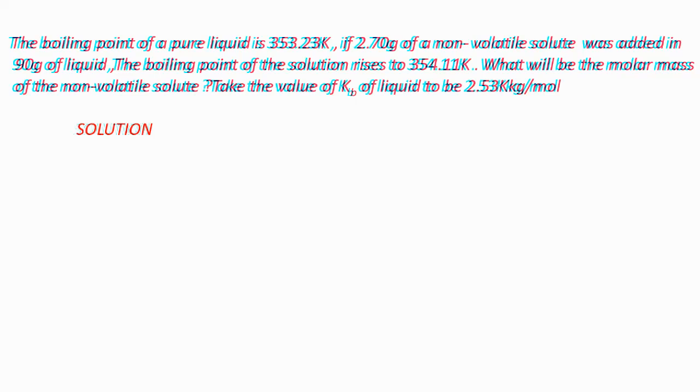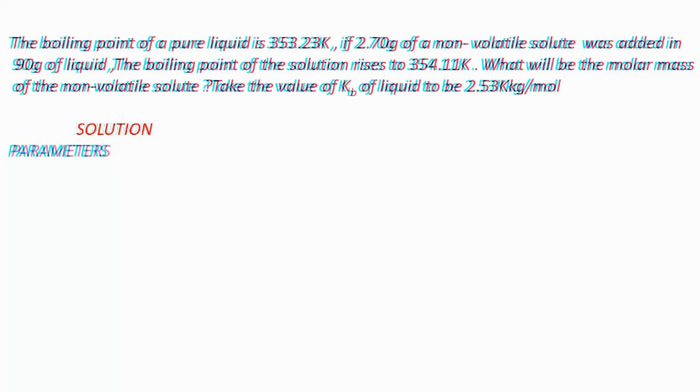Now, solution. Let's take our parameters. Let's evaluate some given values in the question to help us solve the question very well. The question said the boiling point of a pure liquid is 353.23.